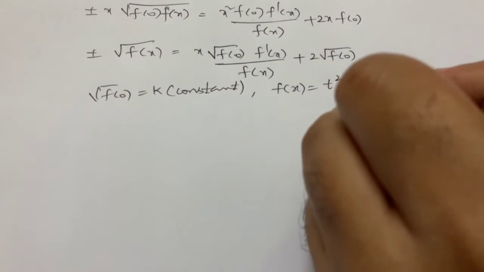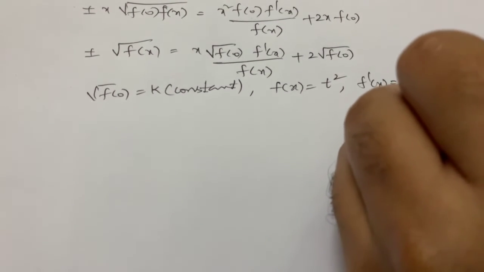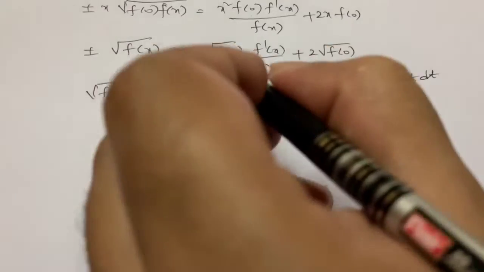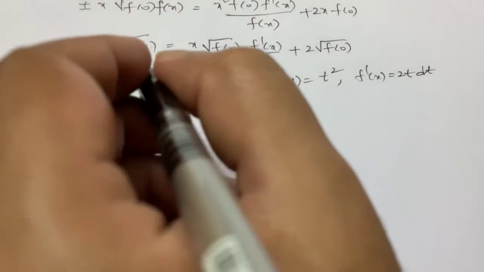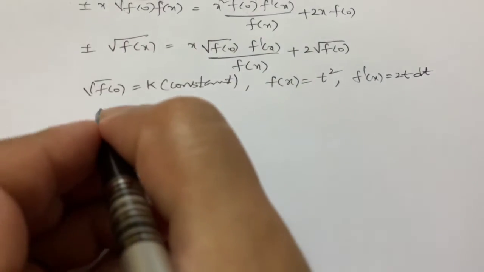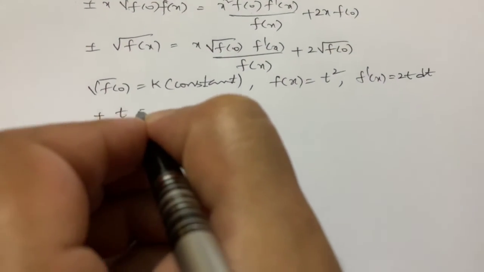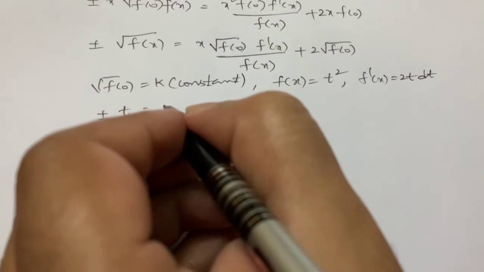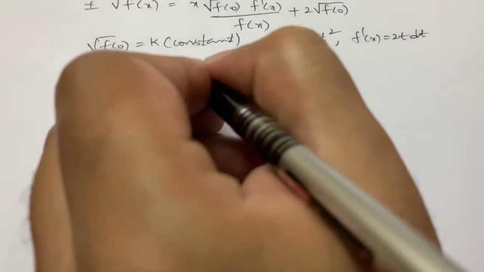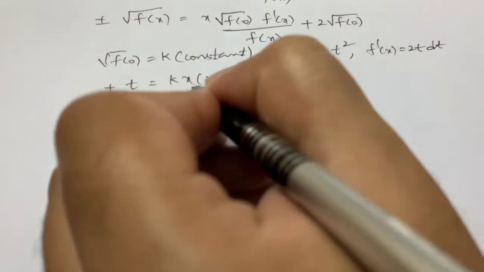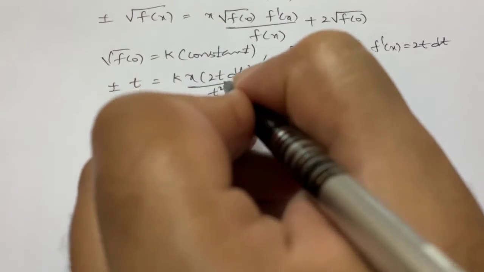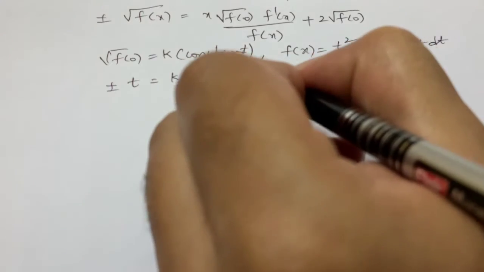If I differentiate this, f'(x) will be 2t dt. So if I do this calculation now, what we have is ± t = kx into 2t dt/t² + 2k.